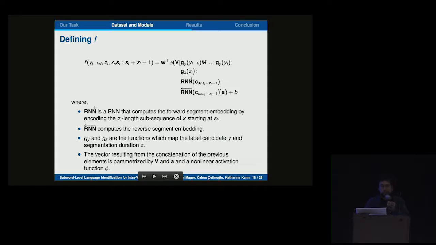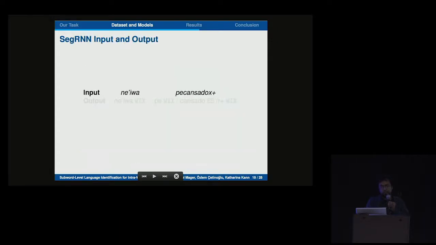And we do the reverse for the reverse direction. Then we have the GY and GZ functions, which map the label candidates J in the segment duration set. Then we also have the vector resulting from the concatenation of the previous elements in the parameterization of V and A, and a nonlinear activation function.